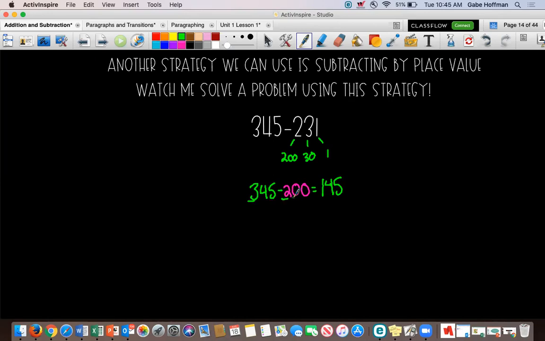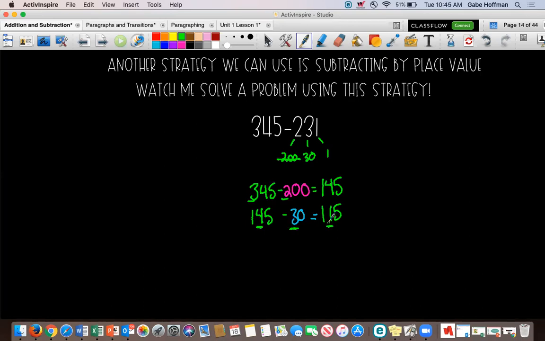Then I'm going to do 145 minus 30, and I'm going to get 115, because this time I'm only subtracting the tens place. So 4 in the tens place minus 3 in the tens place gives me 1 in the tens place.